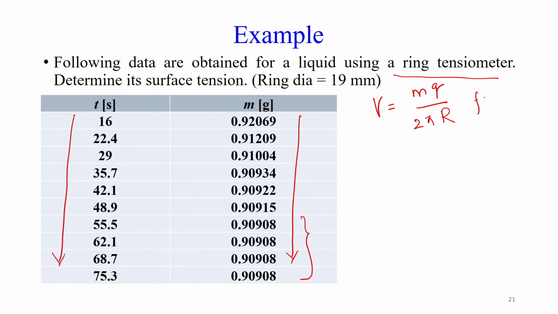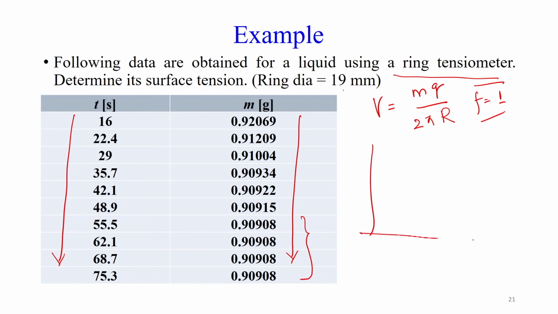Let us consider f is equal to 1, because the correction factor is not given here. The mass m is given as 0.92, you multiply with g, 9.81, and 2 pi R is given here, so we can easily calculate the value of the surface tension.